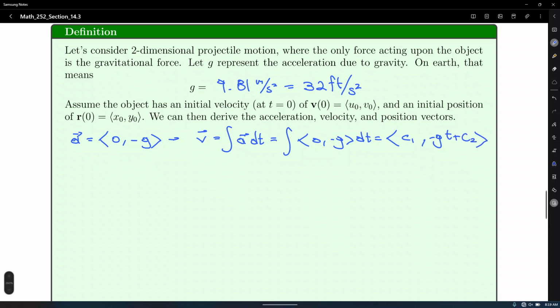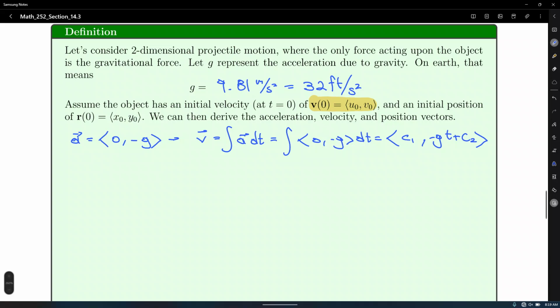Okay? So now we need to use the initial condition to find the constants c1 and c2. Which initial condition are we going to use? Well, that of the velocity, because we're trying to find the velocity expression. And then we're going to repeat the process to find the position. Okay? All right.